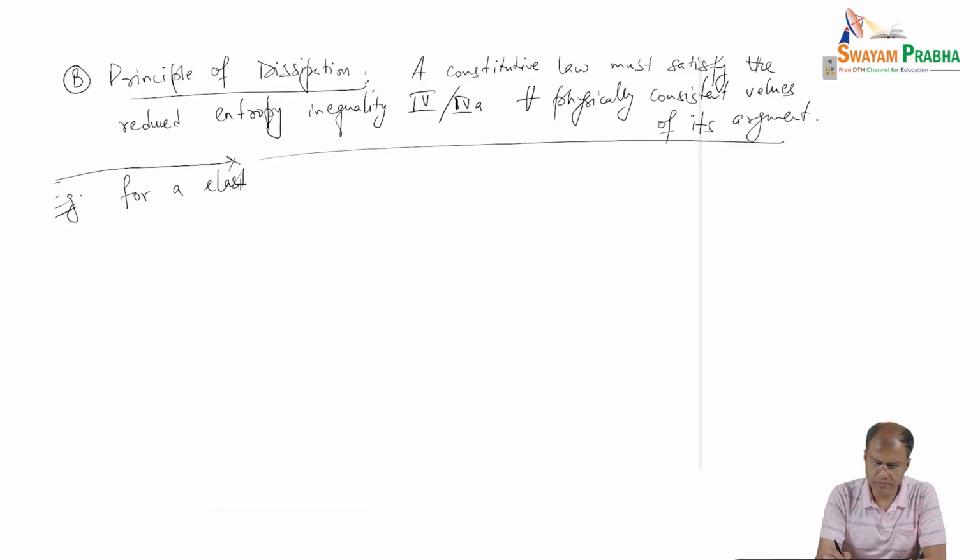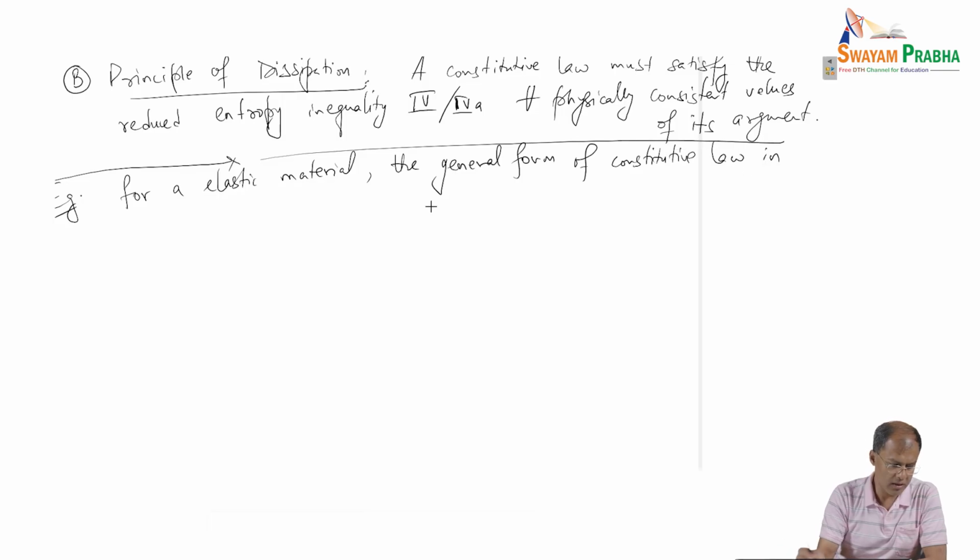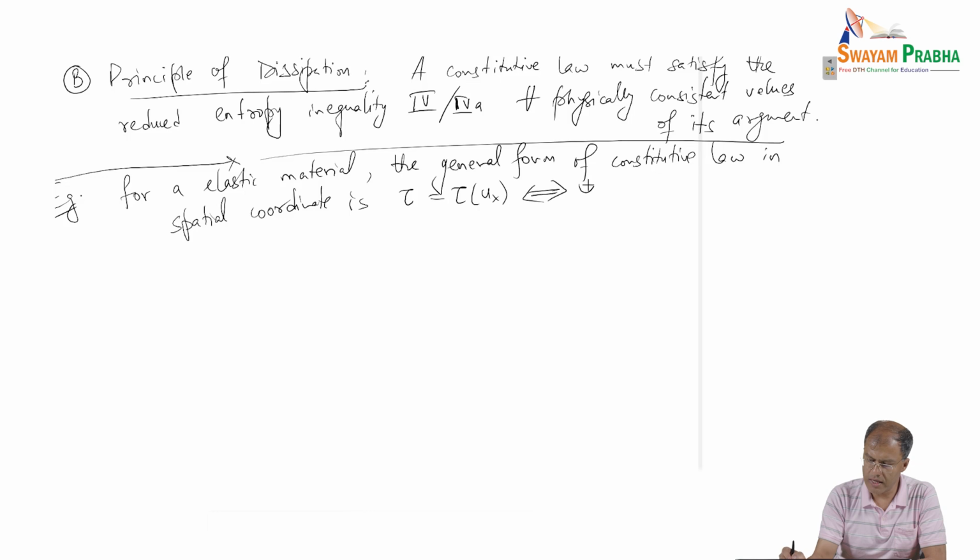For elastic material, we have the general form of constitutive law in spatial coordinate as follows: tau is tau of ux, or this is equivalent to psi is psi of ux. So either the stress relationship in the form of stress or in the form of free energy.